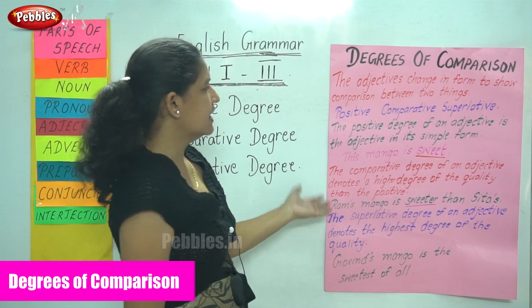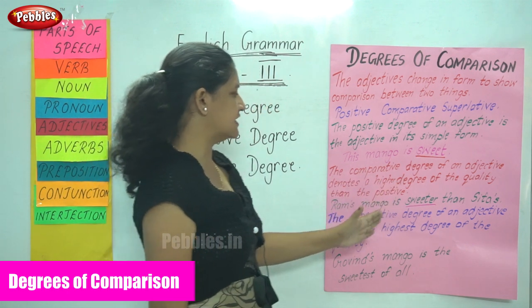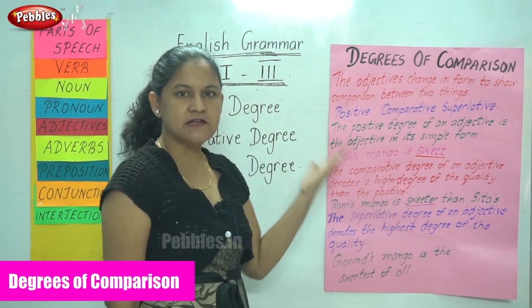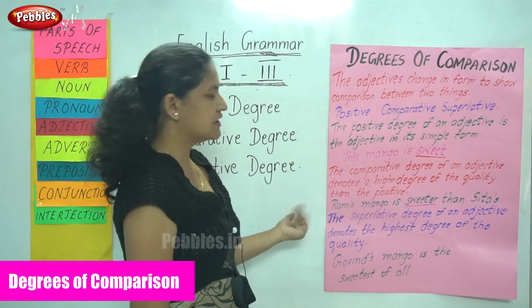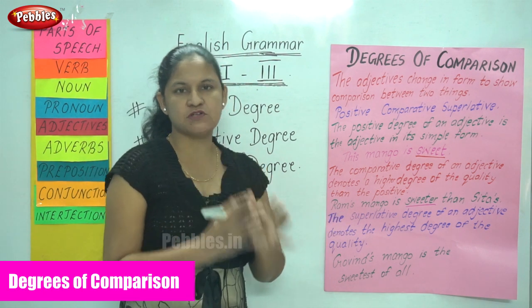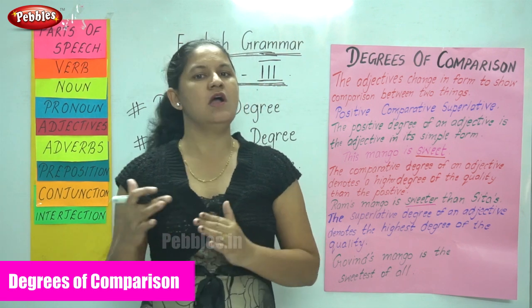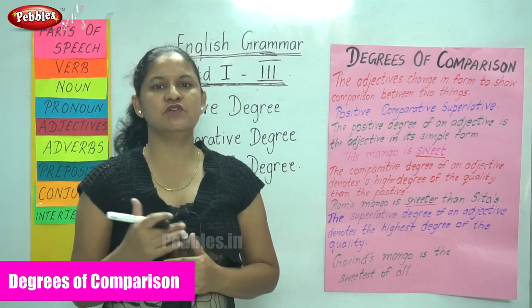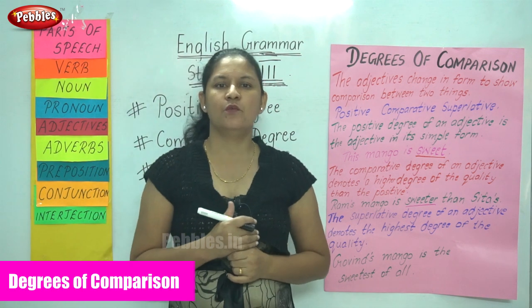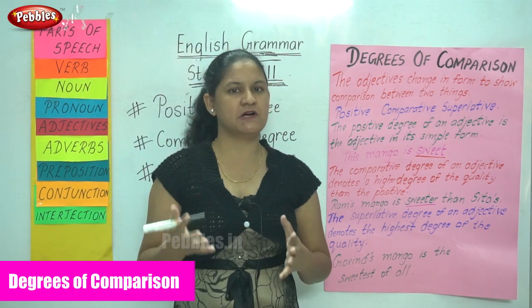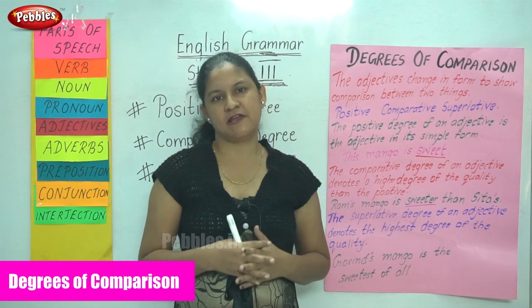The comparative degree of an adjective denotes a higher degree of quality than the positive. Compared to the positive degree, the comparative degree is a little higher, and mostly we use it when we compare two persons, things or places.